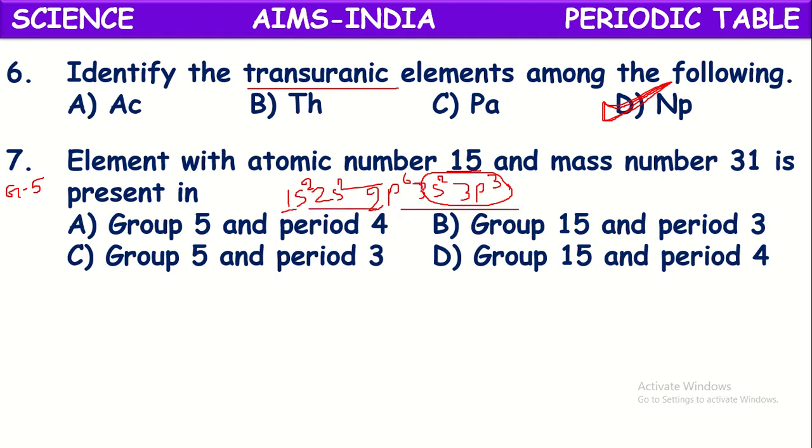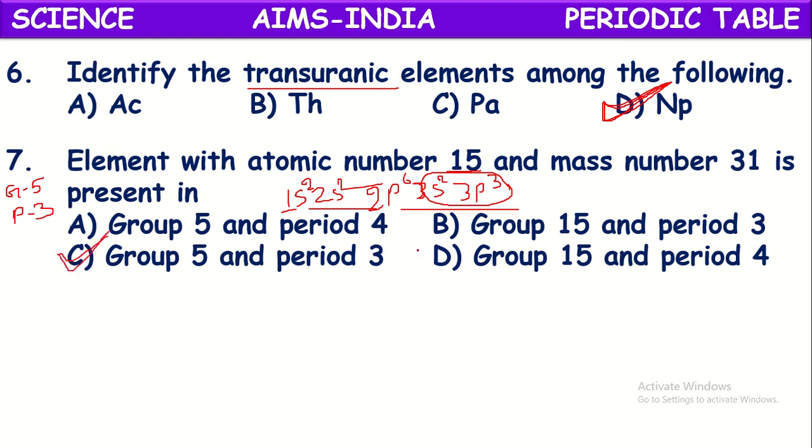As the third shell is the greatest shell, its period number is 3. It belongs to the third period. So fifth group, third period. What will be the answer now? Here it is, group 5, third period.